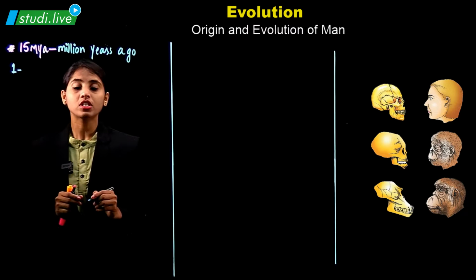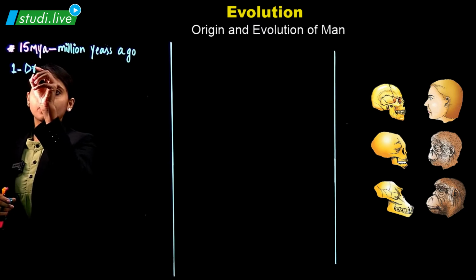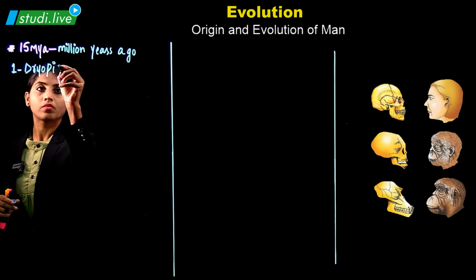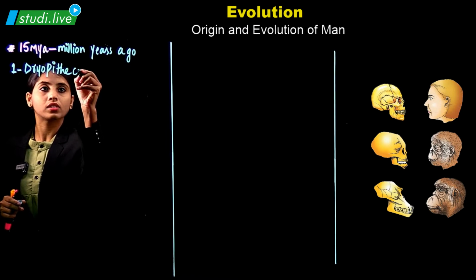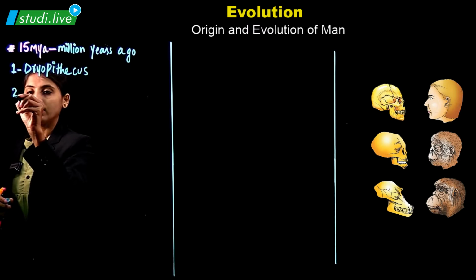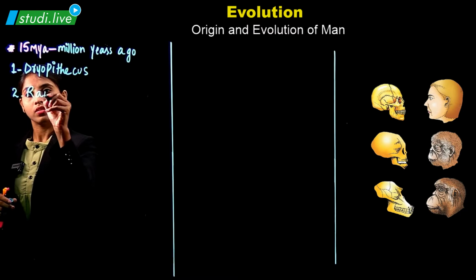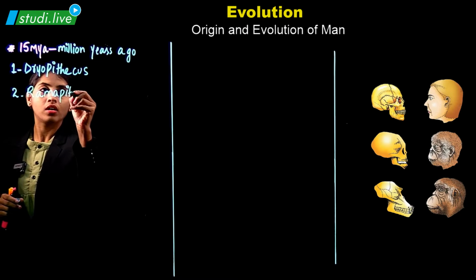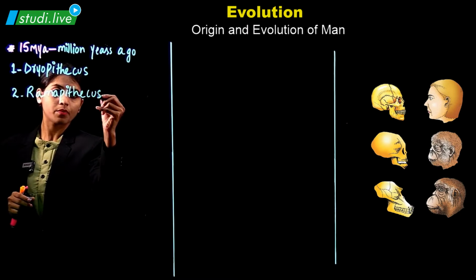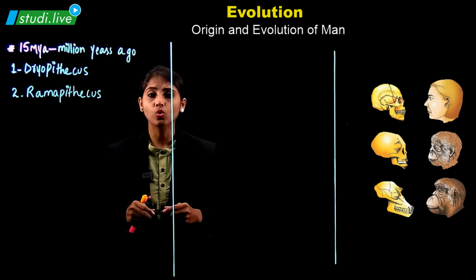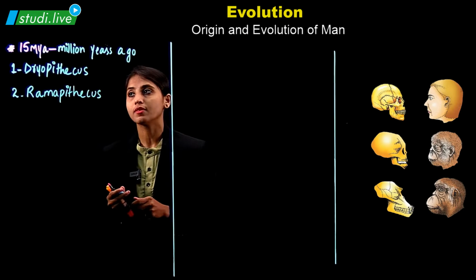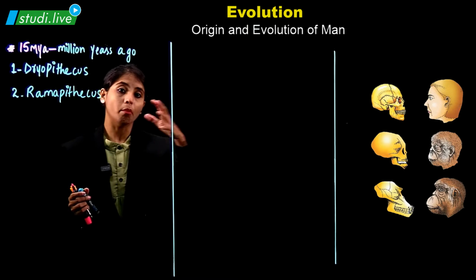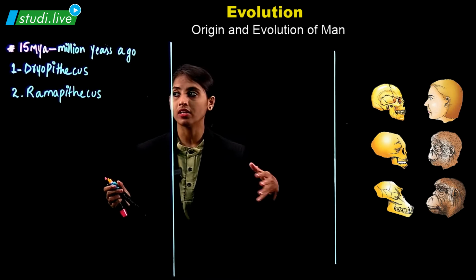Namely, the first one is called Dryopithecus and Ramapithecus. These are the two distinct species found in a very initial stage, when men came into the picture.